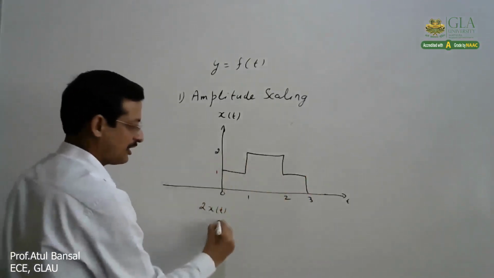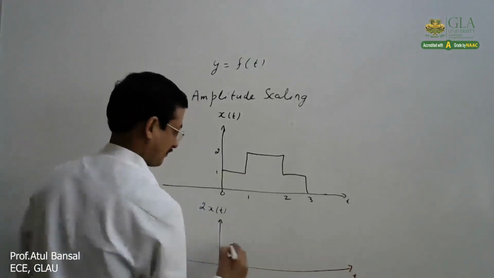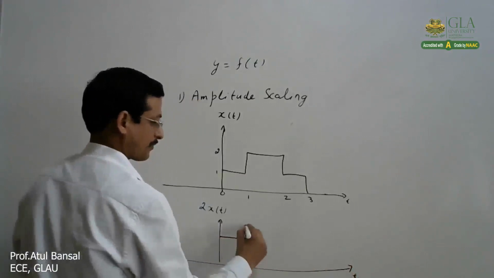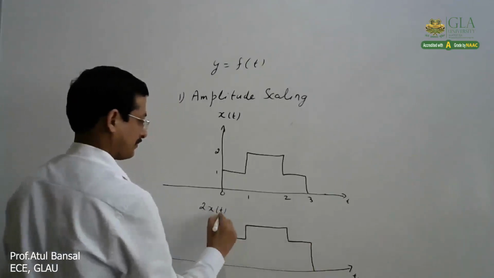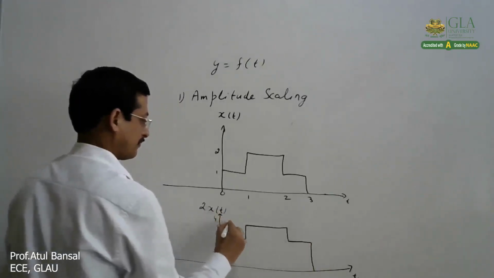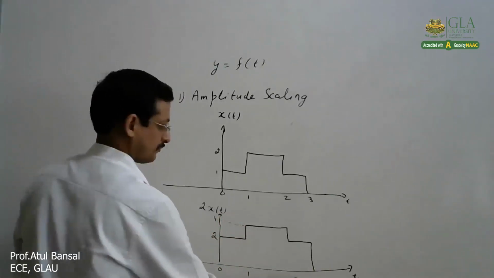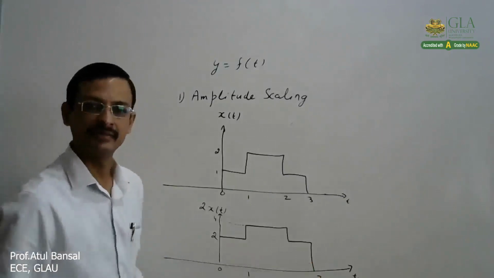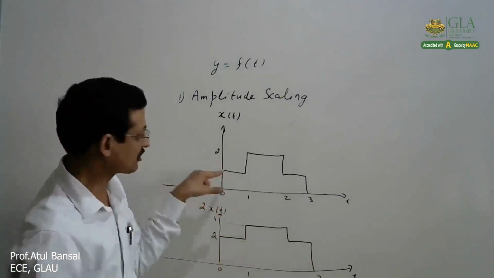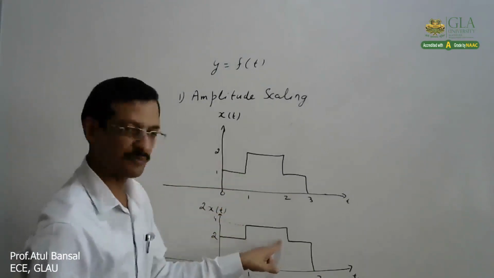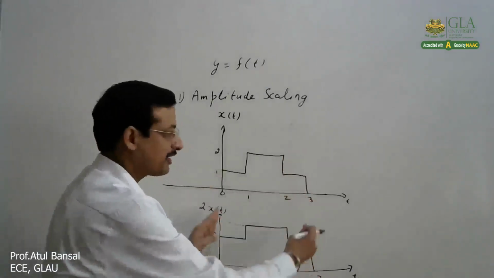So it means the new signal will be like this. Everywhere, this one has been multiplied from 0 to 1 by 2, so it becomes 2. Earlier it was constant 1, now it becomes constant 2. Likewise, this becomes 4. Again 2. So the signal shape remains same.